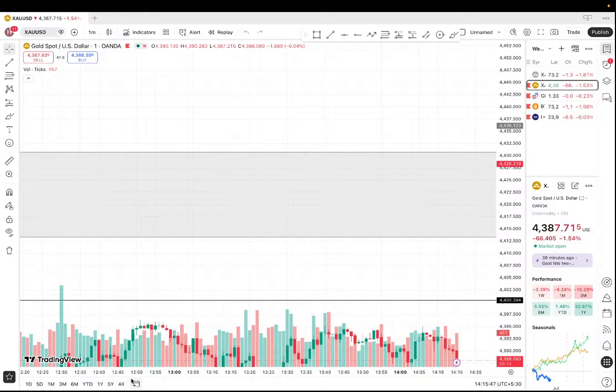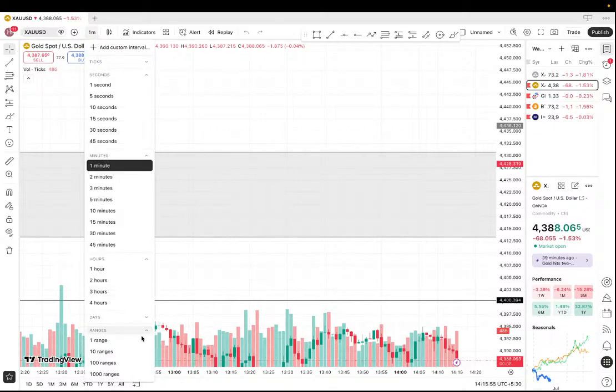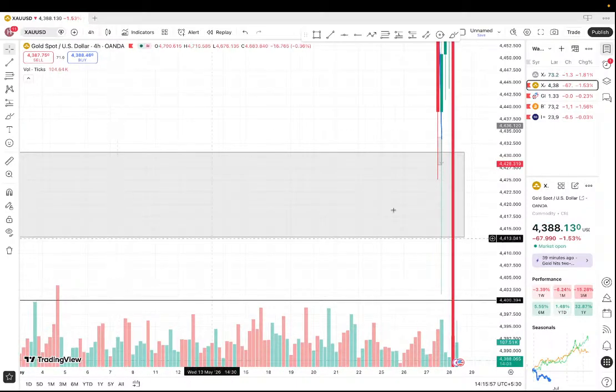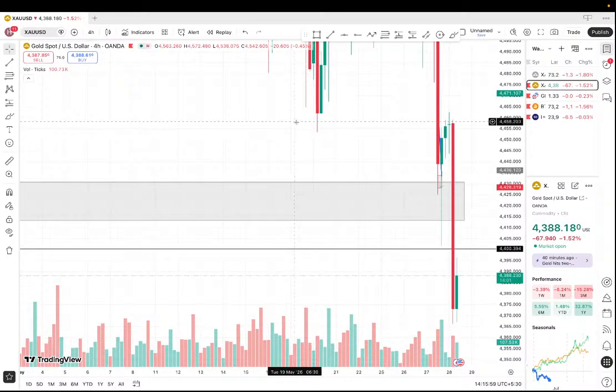So here we can see this is a gold chart. पहले 4 hour time frame पे आ जाते हैं and let's clear all the drawings.